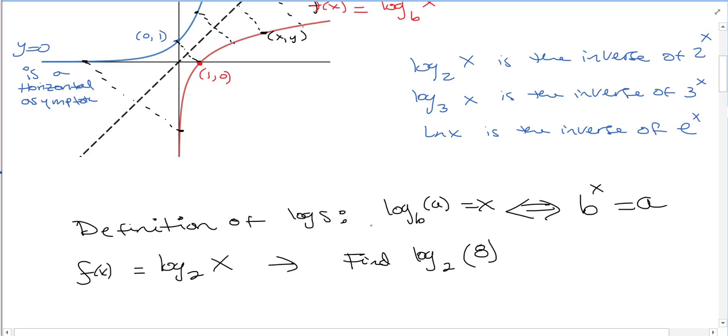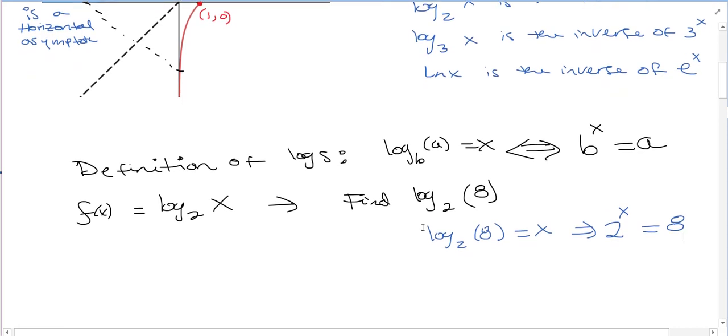Well, according to my definition, I don't know what it is, so let's say log base 2 of 8 equals x. Now that definition allows me to say 2 to the x equals 8. Essentially, what exponent do I put on 2 to get 8? That's a quicker way that you can read a logarithm when you see something like this: what exponent do I put on the base to get 8? So in this case, x will be 3.